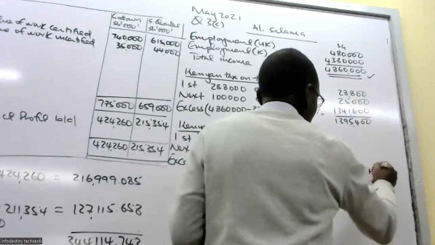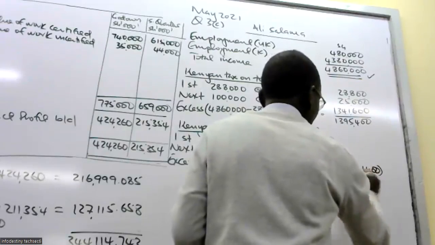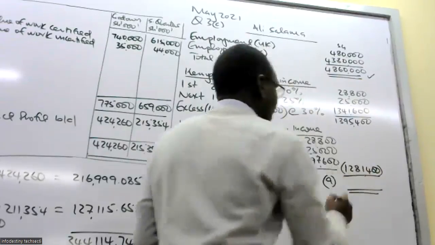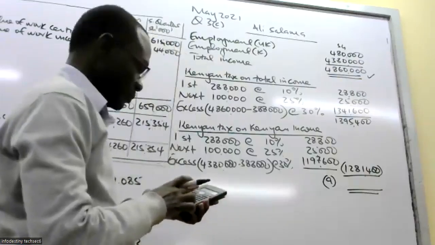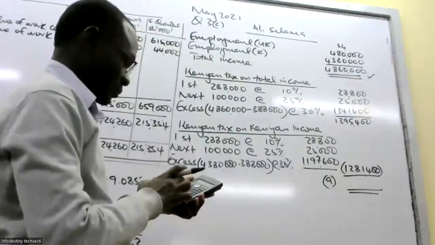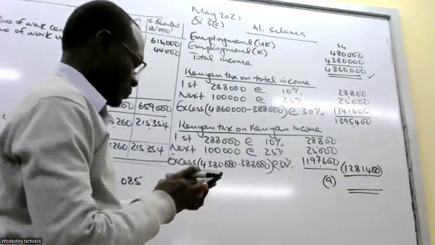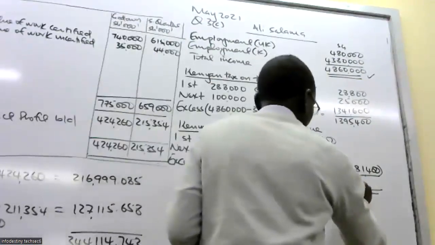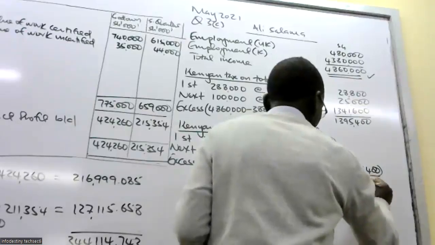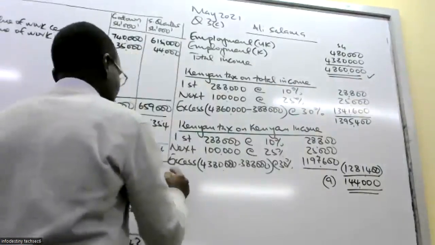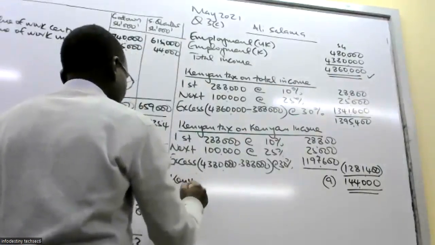You subtract here to get your A. The difference here is what we call A. And 144,000 is what we call Kenyan tax.